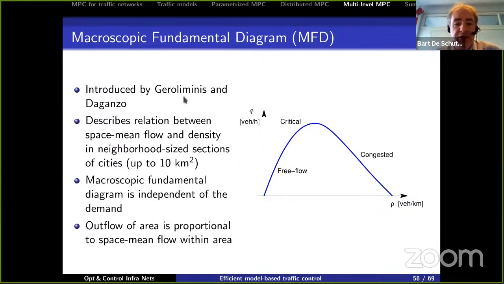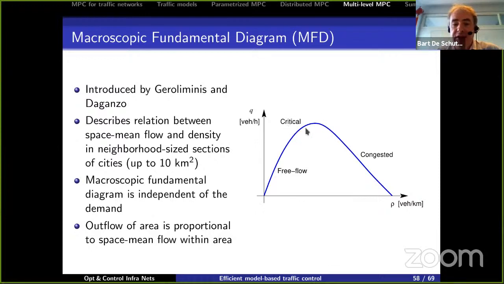It was introduced by Geroliminis and Daganzo. It would typically describe the relation between the average density in an area, so vehicles per kilometer, and the outflow or the flow in the region. And you get a curve that is very similar to the fundamental diagram that I showed earlier for a freeway. So typically, if the density is low, you get a free flow regime.